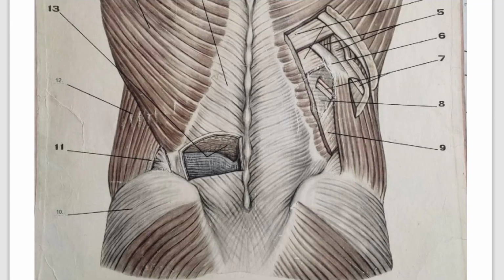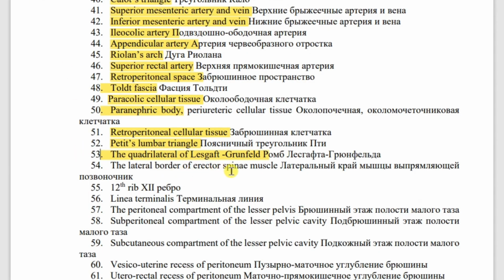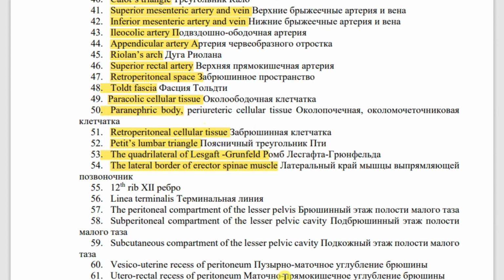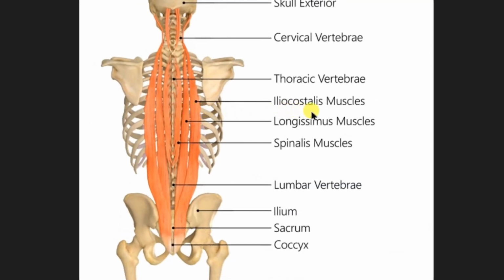So let's move to the next structure we have been given, the lateral border of the erector spinae muscle. To find the lateral border, you need to first understand what the erector spinae muscle is. So let's have a look at the erector spinae muscles.